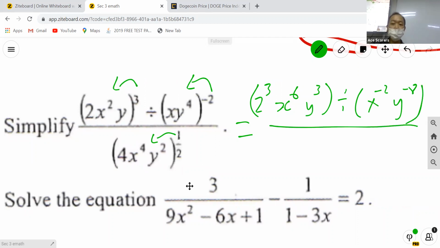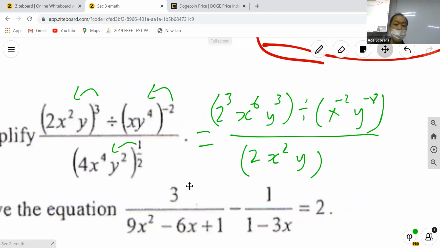Bracket. Then divided by 4 to the power half is 2, then x 2 y. That's it. Okay, so that would be the crucial step 1 that you need to know. If you don't know this, I mean it all starts from the roots. Okay, you need to know the roots.